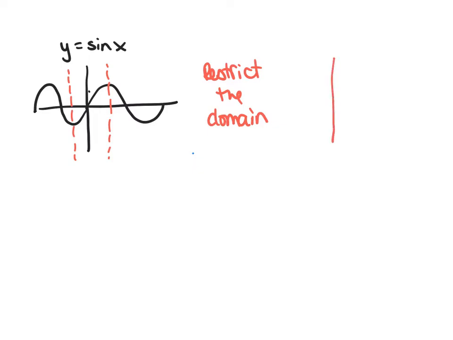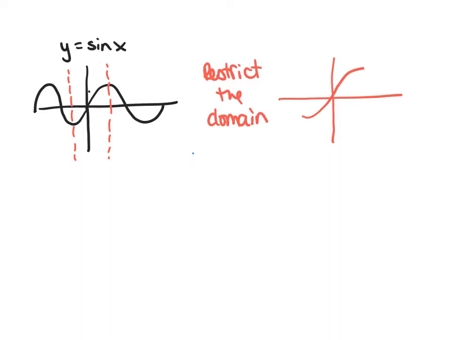If I restrict it from negative pi over 2 to pi over 2, I'm left with that function. Does that pass the horizontal and vertical line test? It does. So it's 1 to 1. For every one x there's one y, and for every one y there's one x.